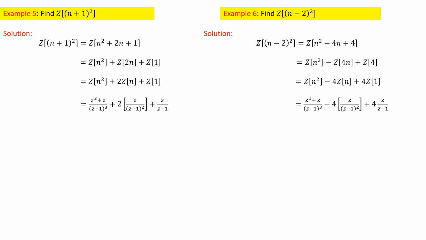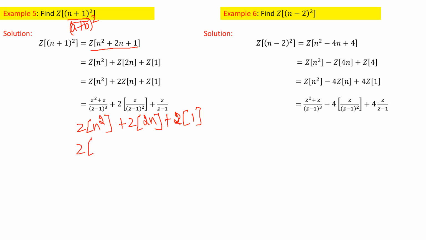Now we have to calculate z transform of n plus 1 the whole square. So first you have to apply a plus b the whole squared formula. So you will get this one. Then write z transform of each and every term. So we have z transform of n power 2 plus z transform of 2n plus z transform of 1. So this one we keep as it is.